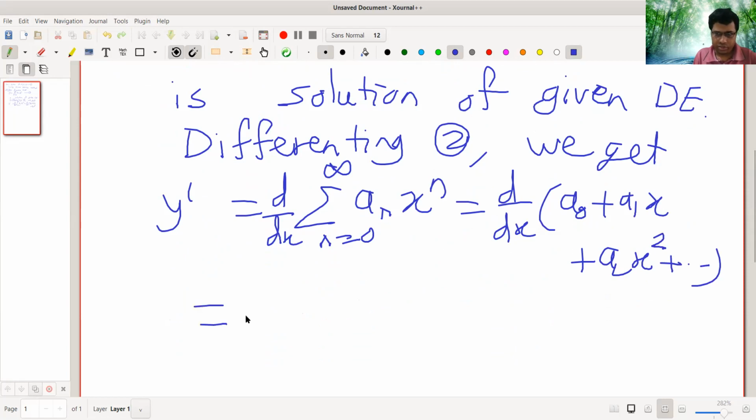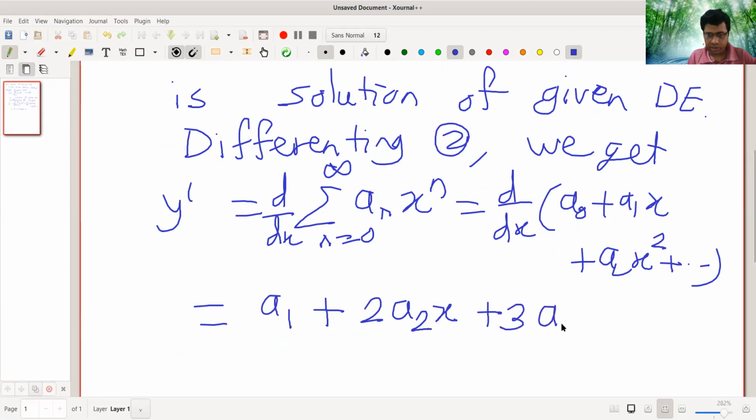So this is, first a0 is constant, derivative is 0, then it is a1 plus, here it is x squared, so 2 times x, so 2 a2 x plus, next term is a3 x raised to 3, derivative is 3 a3 into x squared plus and so on.